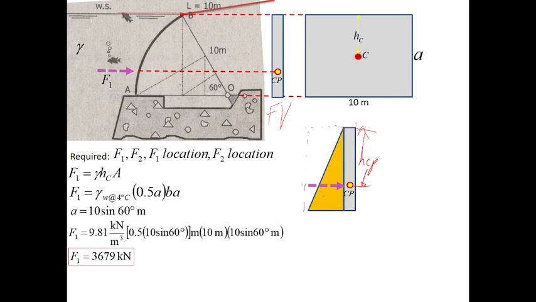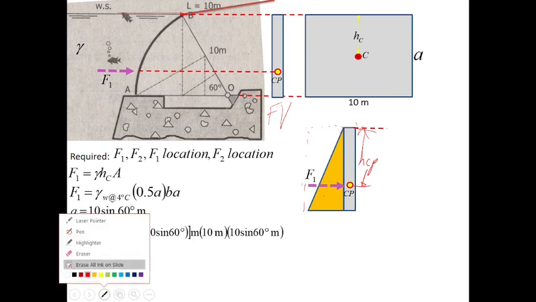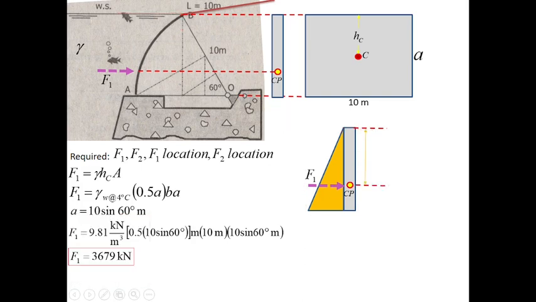So, this is F1 acting at the center of pressure, and itong part na to ay HCP, which is 2/3 of A. Again, centroid ang ina-apply natin, kasi pag triangle, ang centroid niyan ay nandito, ang y coordinate with respect to vertical.